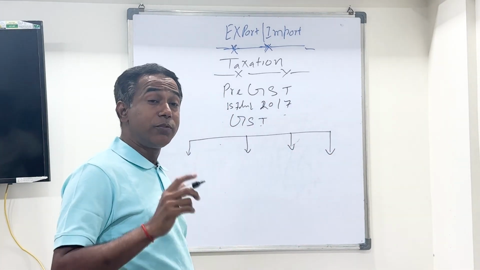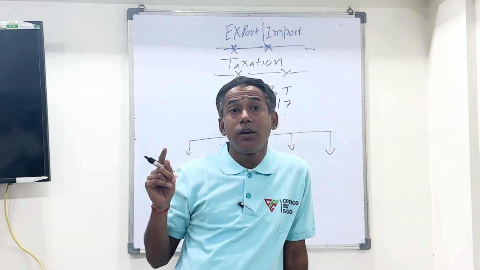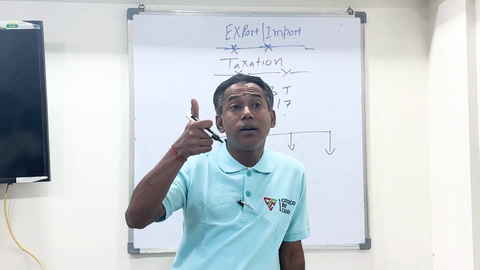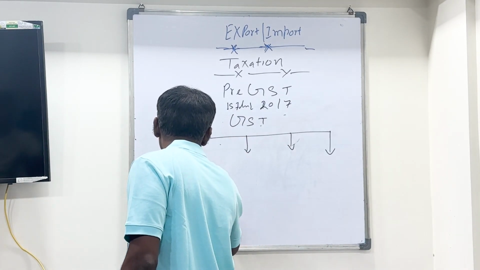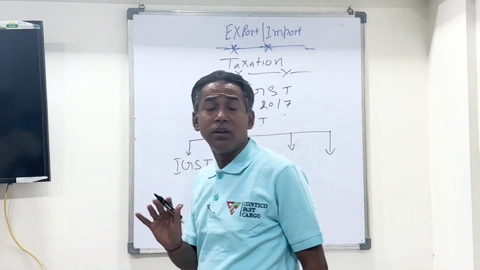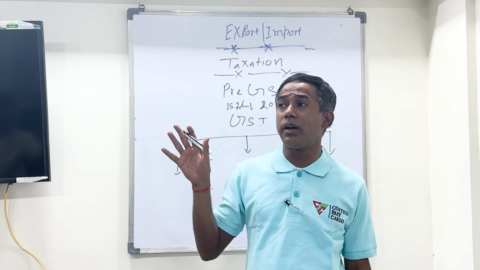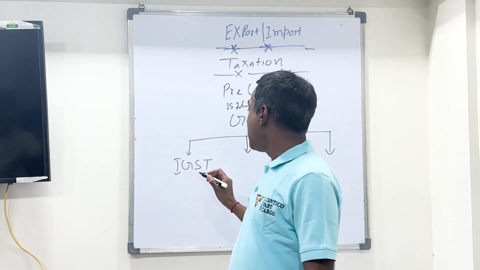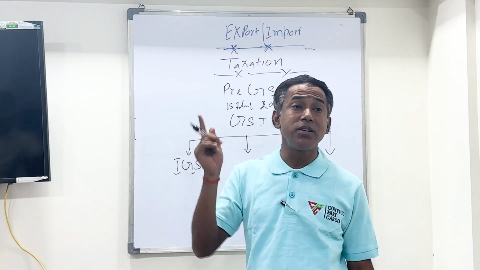The first: if the goods are traveling from one state to another state, what will the tax be called? Very simple. Any goods going from one state to another state will be called IGST. So IGST means going interstate.